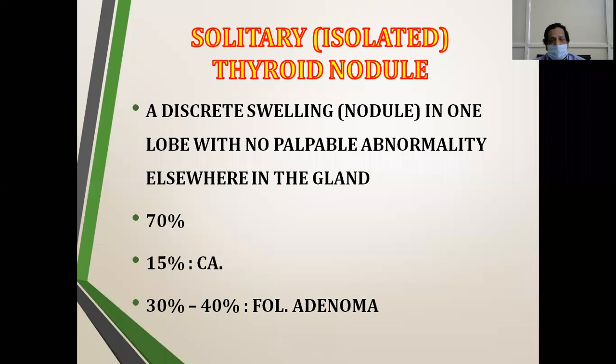It can be papillary carcinoma or follicular carcinoma, rarely anaplastic or medullary. But these differentiated carcinomas are more common. Then we have non-neoplastic conditions like thyroid cyst, thyroiditis, colloid goiter. These may be other causes accounting for the pathological causes of solitary or isolated thyroid nodule.